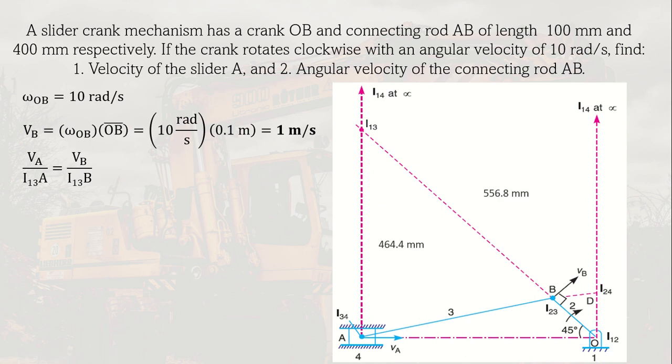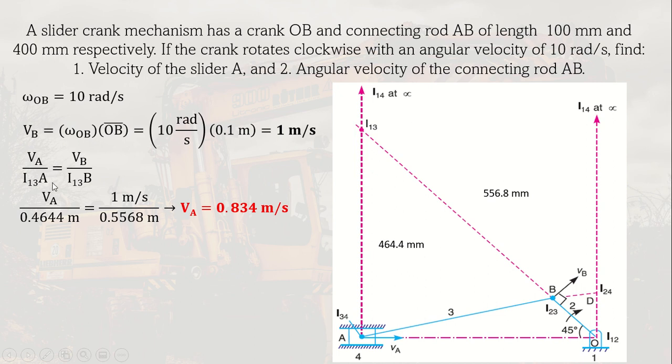When we measure using a ruler the distances from that instant center to the points, we determine that the distances are as shown. So you can see here the distances I3A and I3B. Using these distances, we substitute them in the equation that we established.